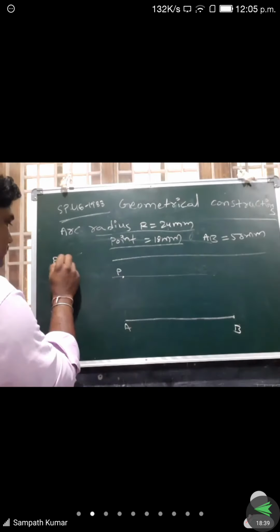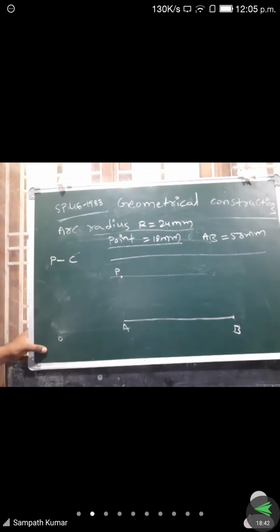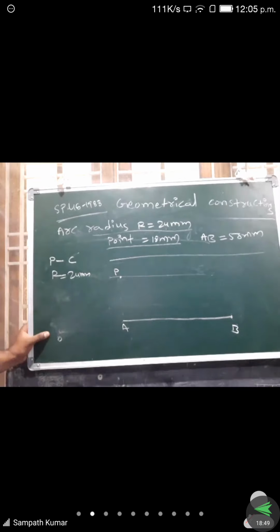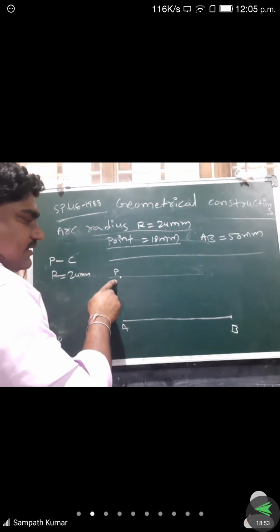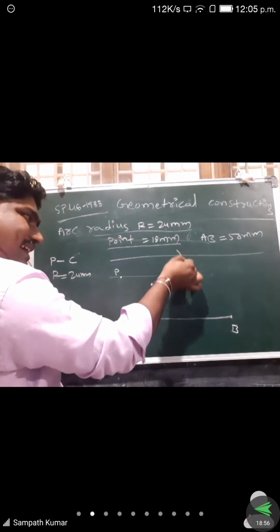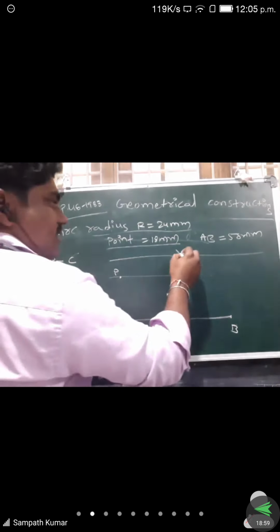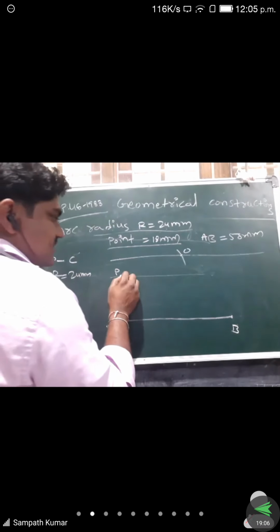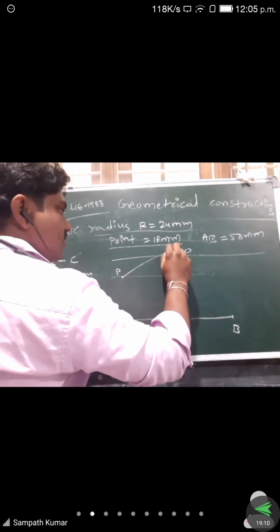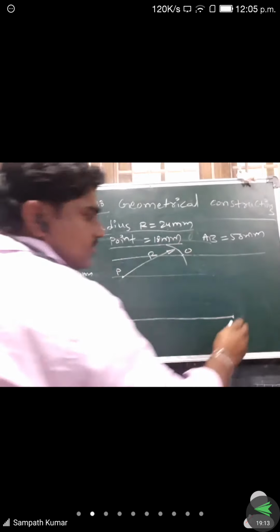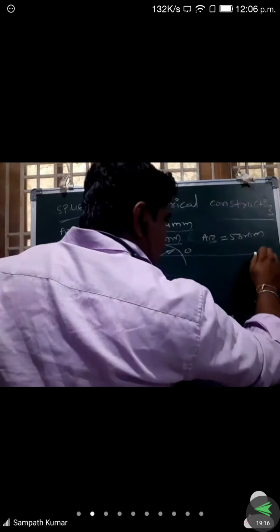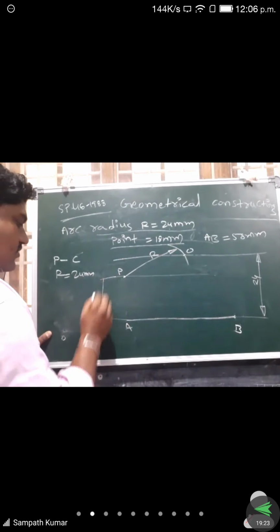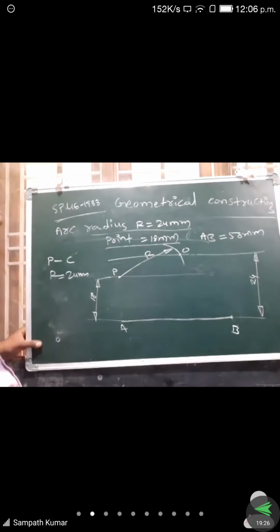Take P as a center, with radius R equal to 24 mm, and draw the arc on this horizontal line at a distance of 24 mm. This point is O.